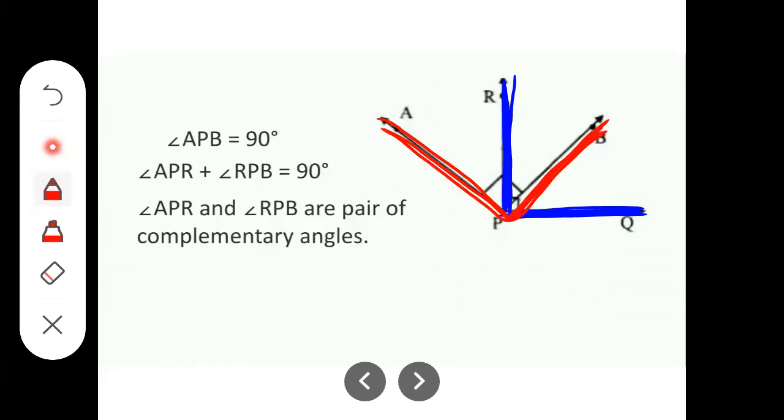So for the two angles here you can write angle APR plus angle RPB, right? So that is another pair. So write it here: angle APR plus angle RPB equal to 90 degrees. That is another pair. So two pairs you can write here.